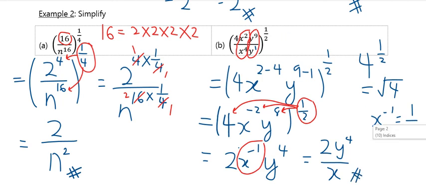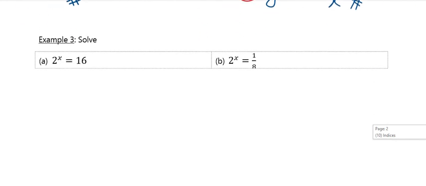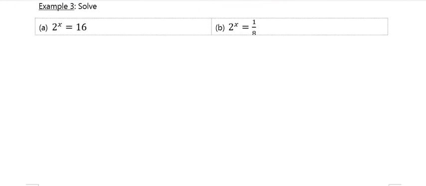So it's okay here. Now, last but not least, you have to solve these 2. You can see here, 2 power x equals 16, and the second one, 2 power x equals 1 over 8. So similar to what you have done before, you have to make sure that you change 16 into something with base 2, because here you can see 2 power x.